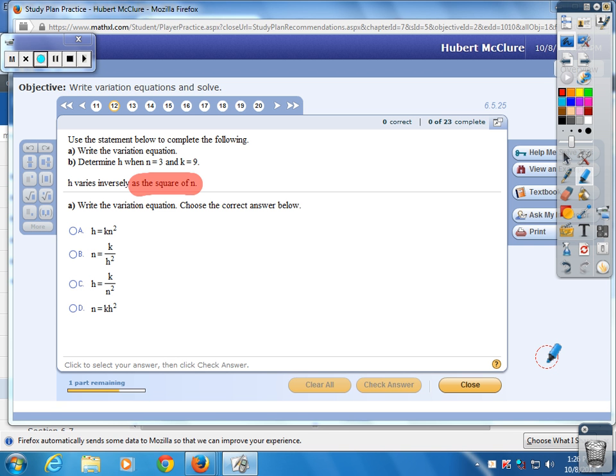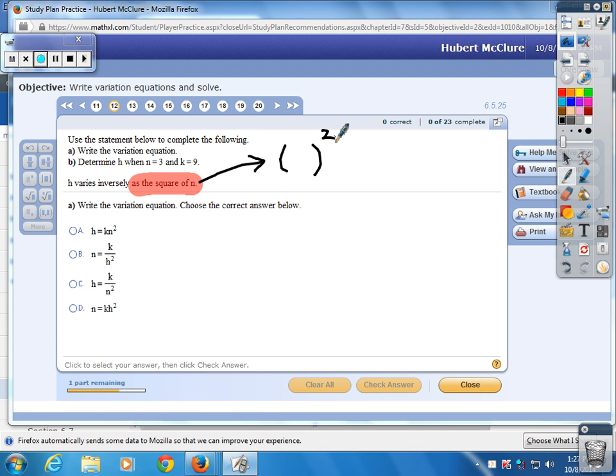Now, when you see the square of, I really don't like that wording because what do you think of when you say square of? I think of square root of. All right? I don't like that. So this is what I tell students. When you see that in this section, you need to make a note that that means something to the square.